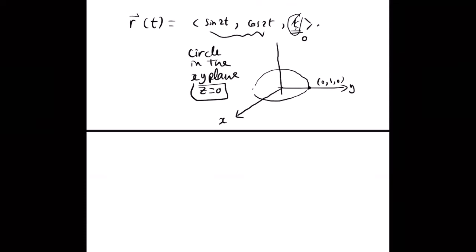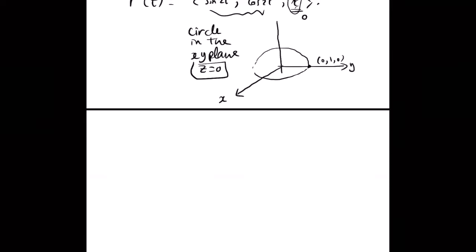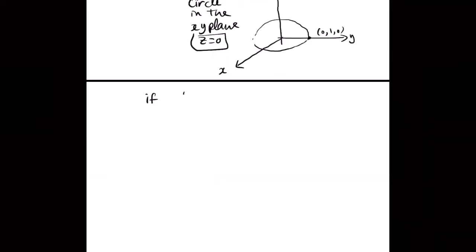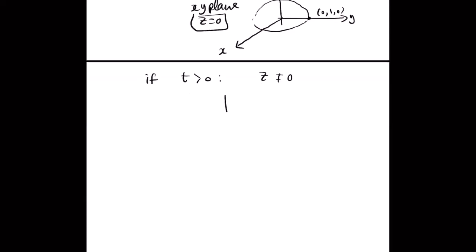The point drawing this curve will move up in the z direction. So if t is bigger than 0, z is not 0, so it will not be completed or finished. So we begin here and move, and z appears. So this circle moves up in space.